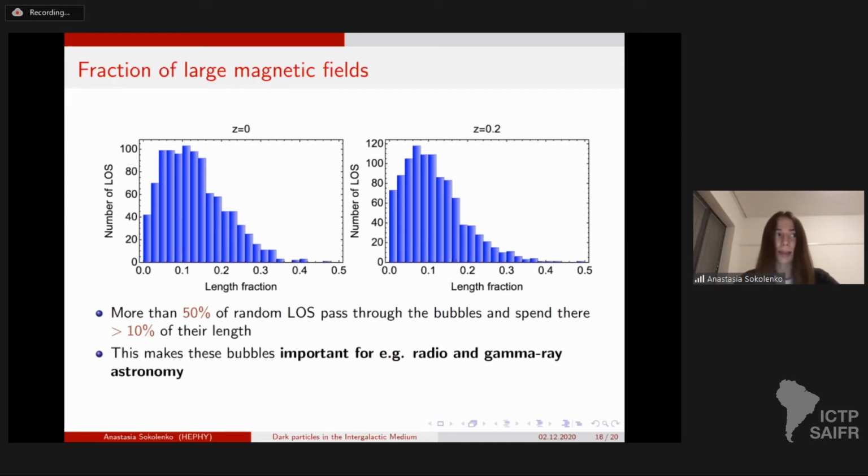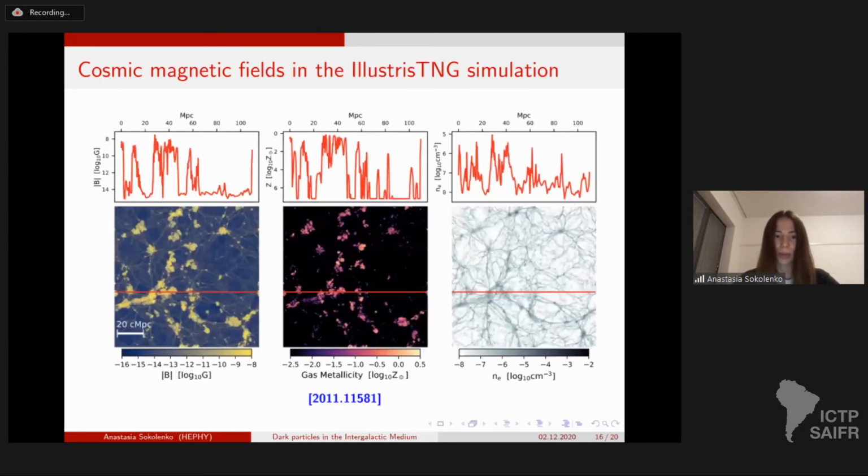For that, you would like to measure the magnetic fields in voids and not the contribution from galaxies. That's one possible direction. Another one is when you consider the propagation of TeV photons. Again, if you're talking about axions, then the contribution of bubbles could also be important, because they have quite a large volume where you have quite strong magnetic fields.